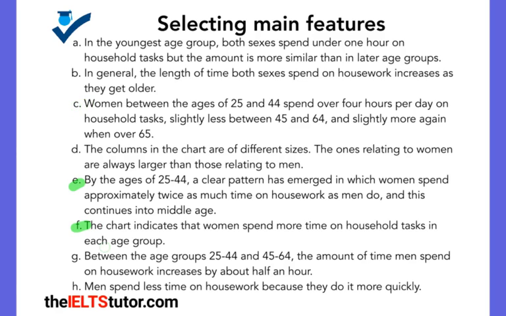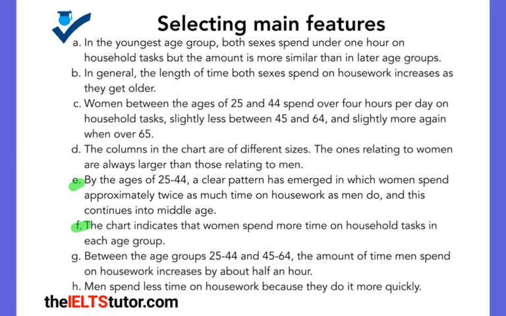The same for G. Between the age groups 25 and 44, 45 and 64, it increases by about half an hour. That could be written in the body of the writing, not as an overview. So the problem here is that they contain minor details which are not relevant to the overview.